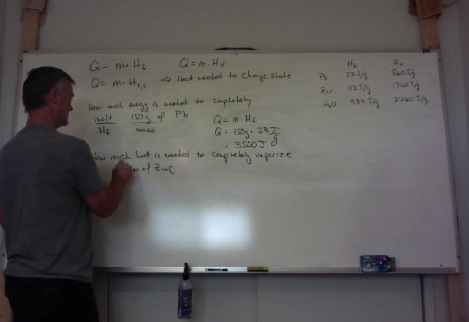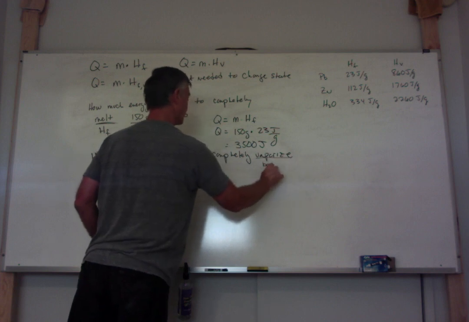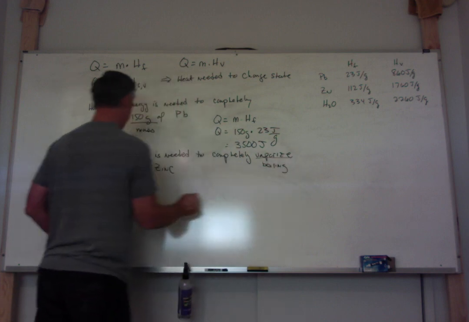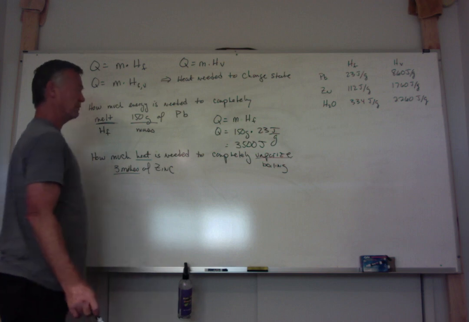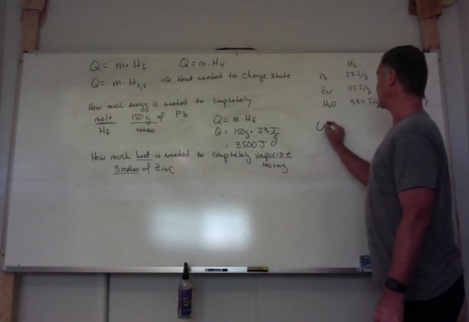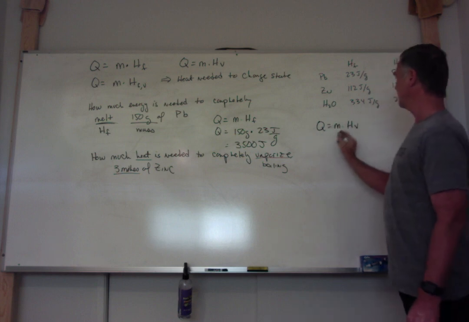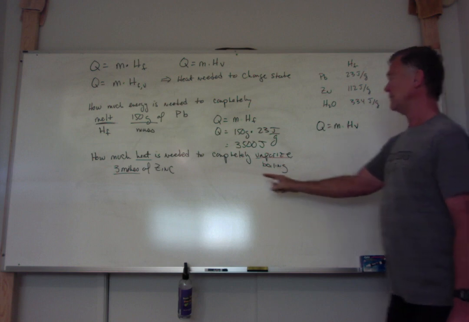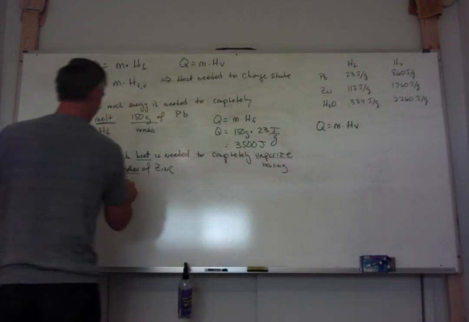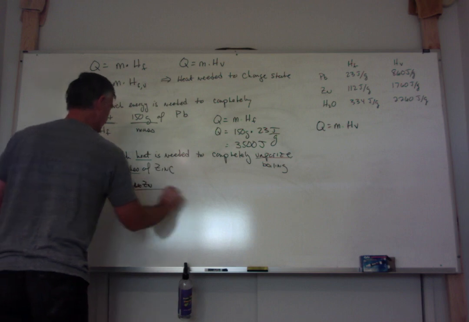Okay, so once again, we're looking for the heat. We're talking about vaporizing, so this is boiling away, and it's not in grams, it's in moles. So this problem has a little twist to it. Our basic equation is mass times heat of vaporization, but I don't know what my mass is. So before we do anything else, we have to take 3 moles of zinc, and we need to change it to grams.